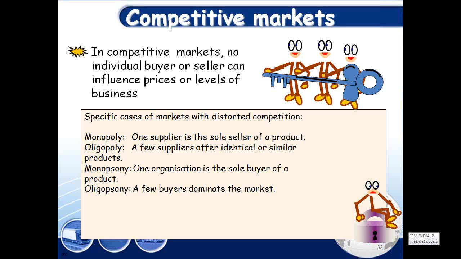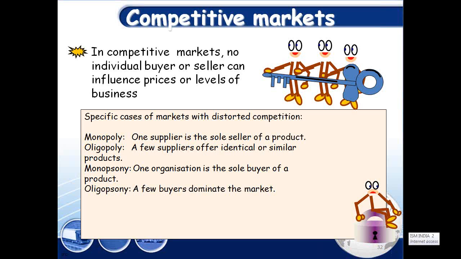So for the competitive market, again, there are different headings. You'll always find one question on this: what is monopoly, what is oligopoly, what is monopsony, what is oligopsony? Both monopoly and monopsony start with mono.